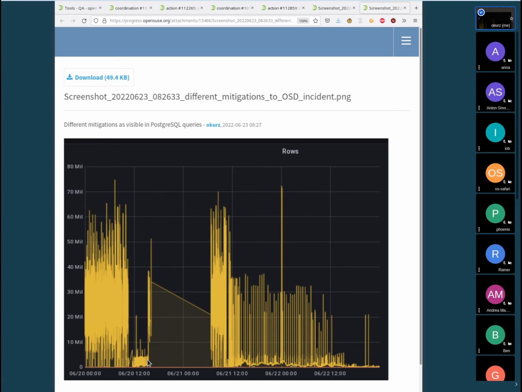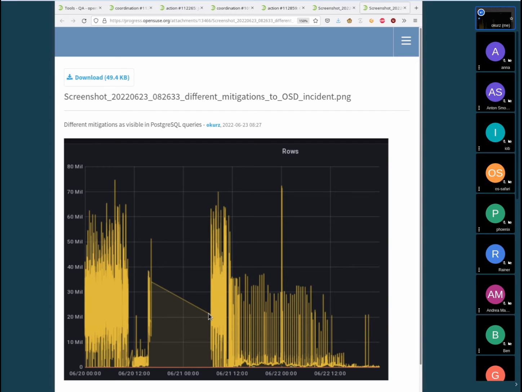And then suddenly, and really, we don't know why, in the afternoon, like at 5 p.m. or something, it became worse again. And the original problem was never fixed up to that. We tried multiple other things. For example, this period is when we actually disabled monitoring, because our monitoring is also querying a lot from the database to get statistics.